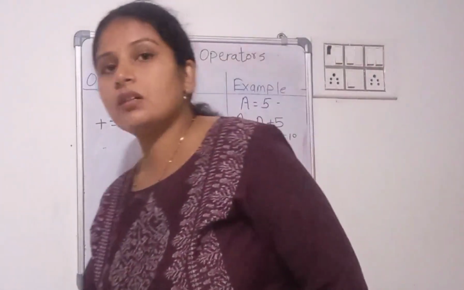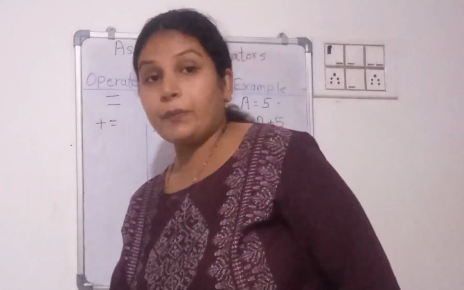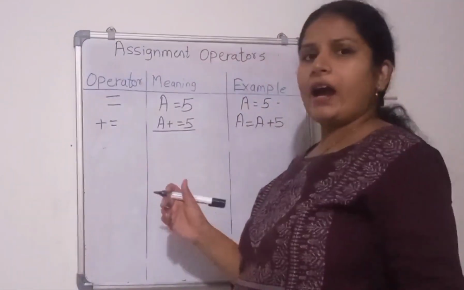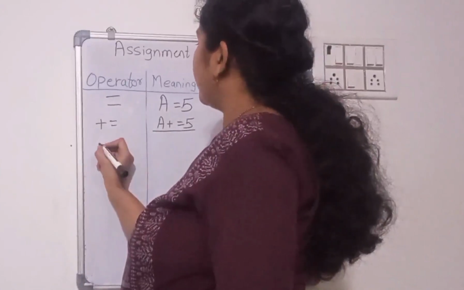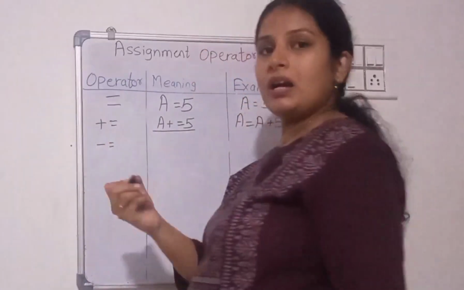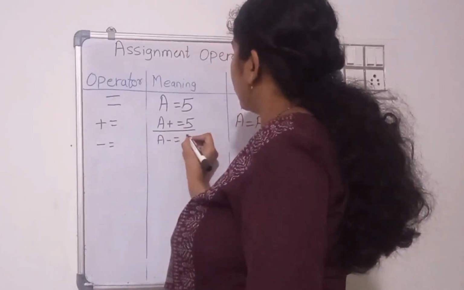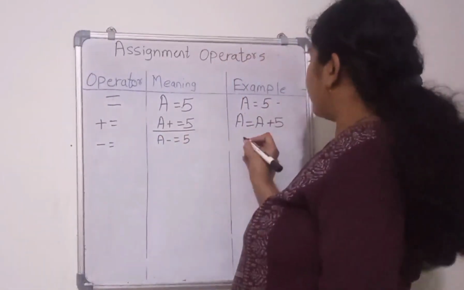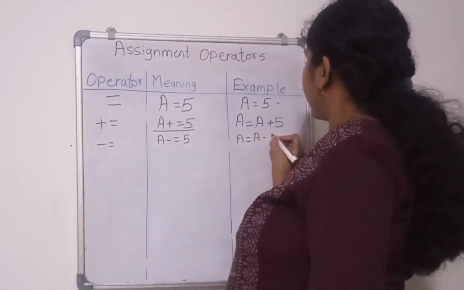Same as the addition operator, you can use the subtraction operator also, and so on for the arithmetic operators. The next operator is minus equal to. This will be represented the same way, a -= 5, which can be solved as a = a - 5.